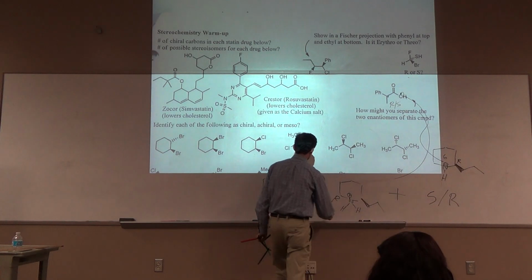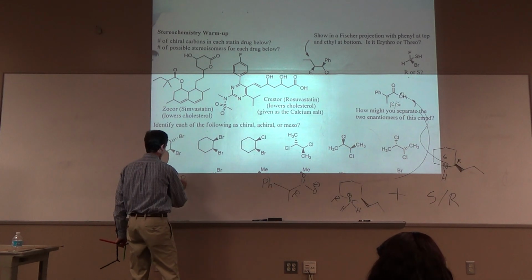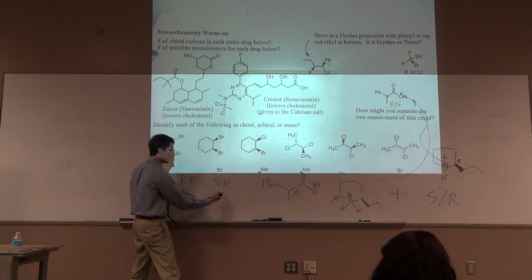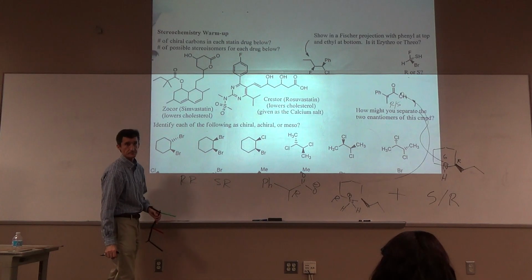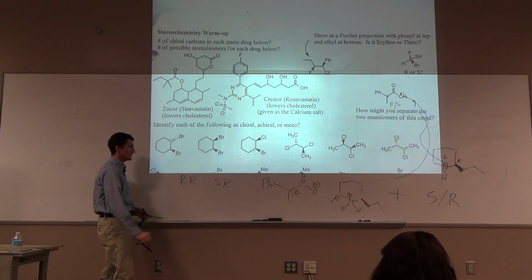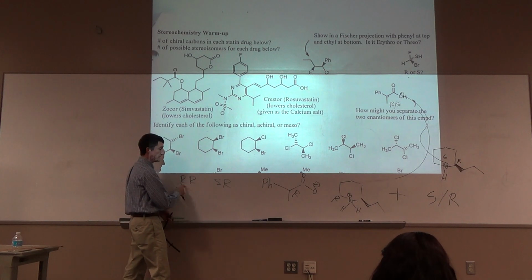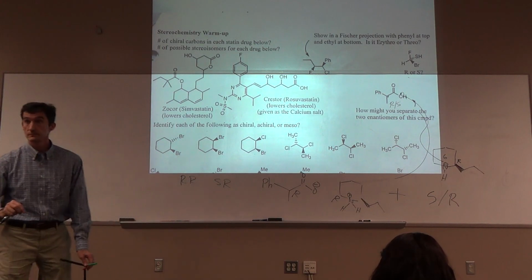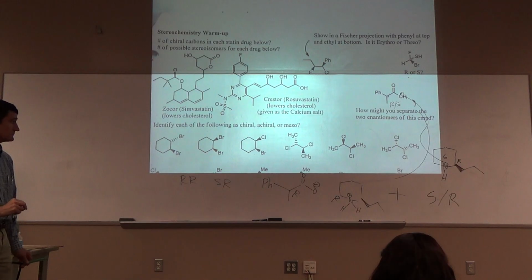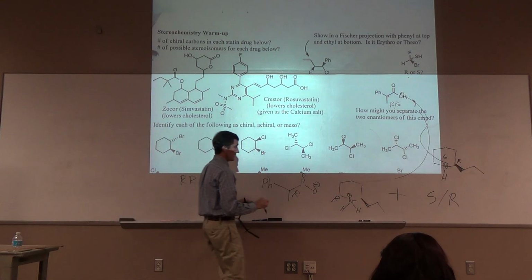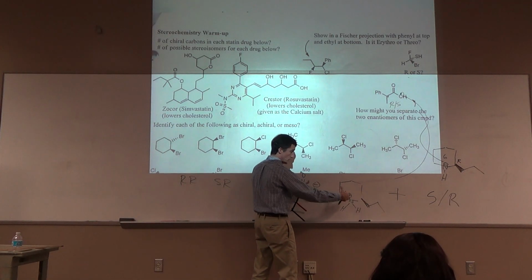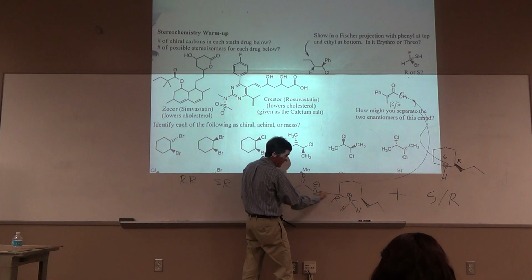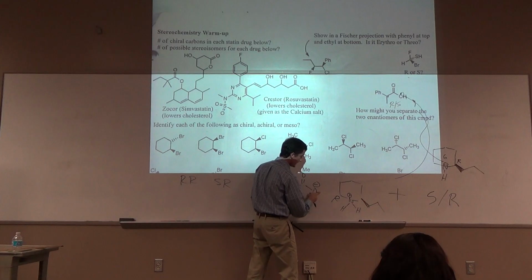Now you have RR versus SR. What's the relationship between your two salts? Diastereomers, or more broadly, diastereomeric salts. Okay? Ion pairs are treated like one compound. I mean, if these were bonded, you would say, well, this is RR and that's SR. They're bonded just ionically.